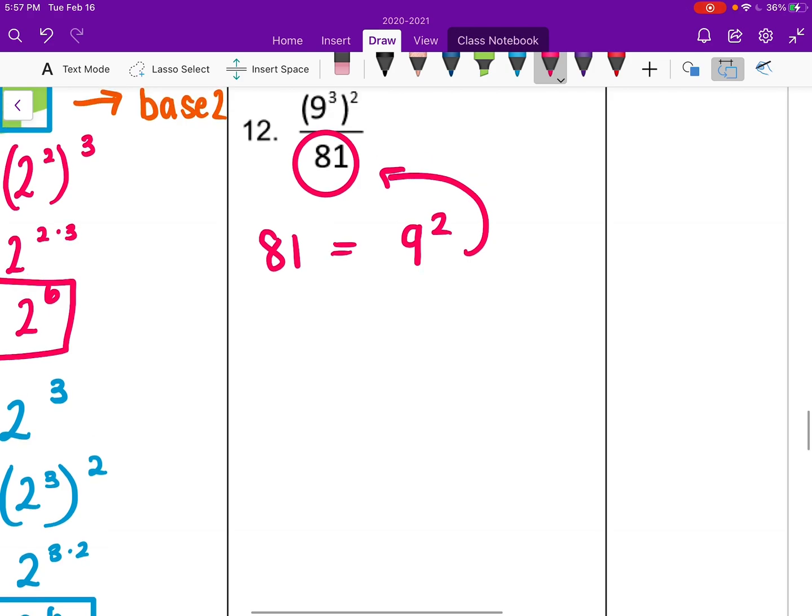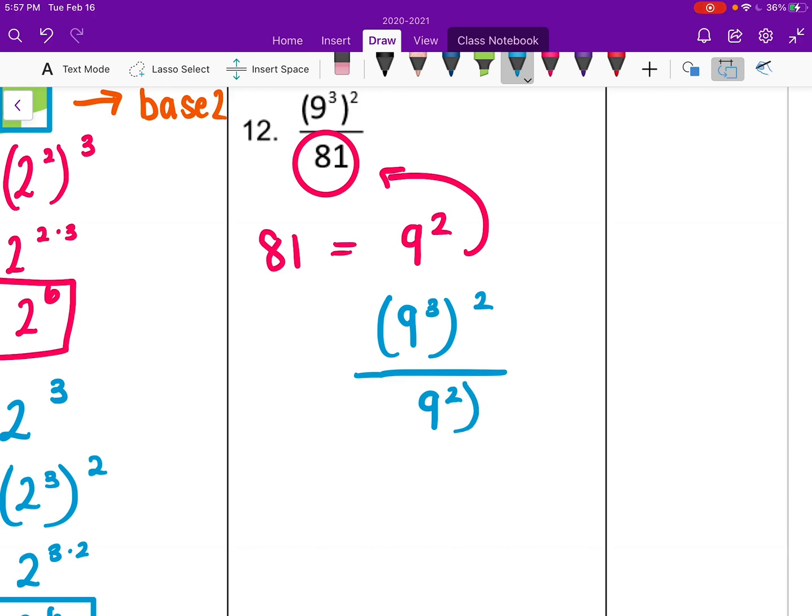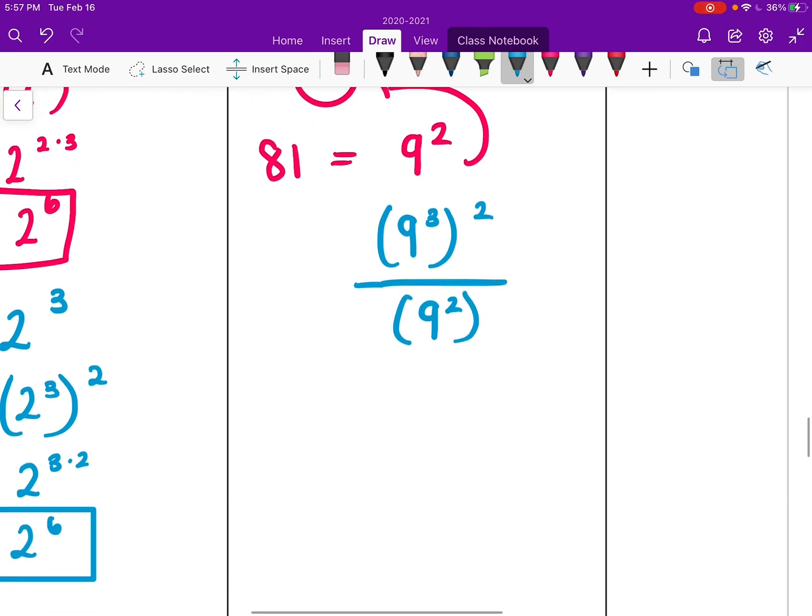So I'm going to write 9 cubed to the power of 2 divided by 9 squared. And it's not to the power of anything, so I can just leave it as 9 squared in a bracket. Then I'm going to solve this. 9 cubed to the power of 2 is the same thing as 9 to the power of 3 times 2, because it's power to a power.